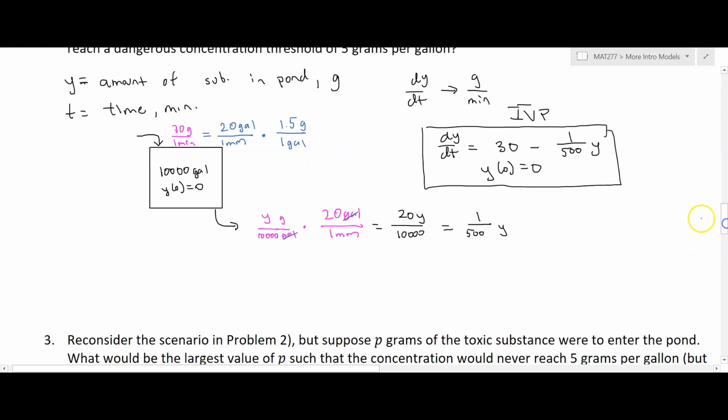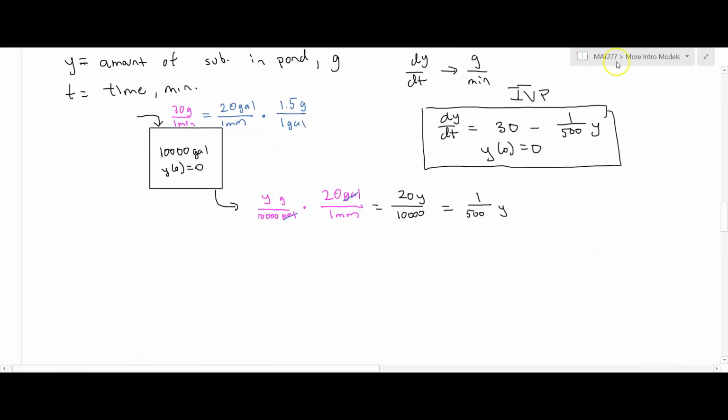So once again, this is a separable differential equation. I know that because there's no t in the equation, and if I factor this out into 1 times 30 minus 1/500th Y, and 1/500th is 0.002, that's an exact number, so I can leave this as 0.002.